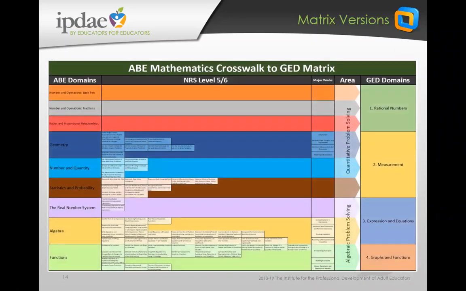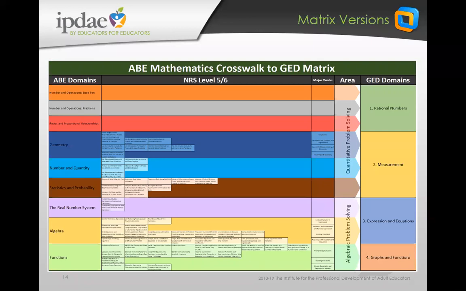The first version is the crosswalk to GED. One of the basic things that we always encounter in the field is people asking, can you show me a connection between adult basic education and GED?